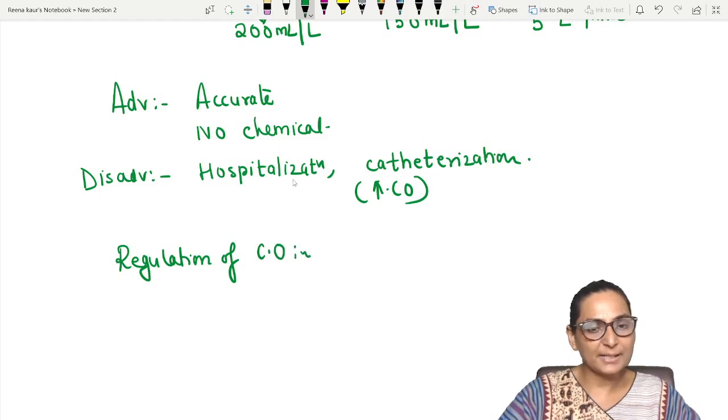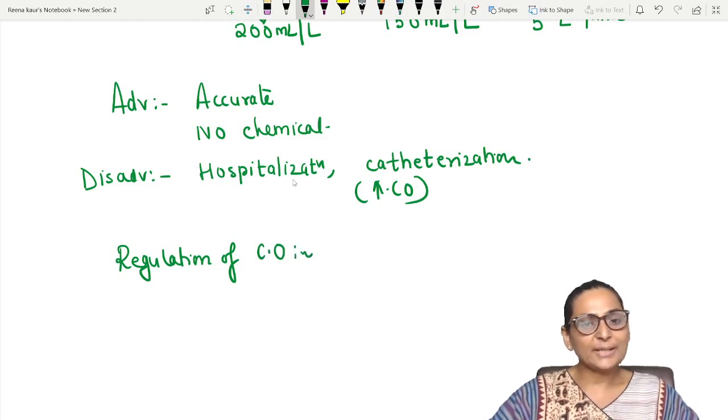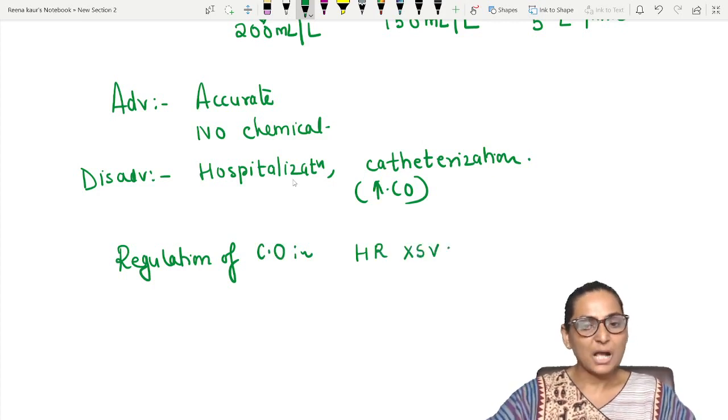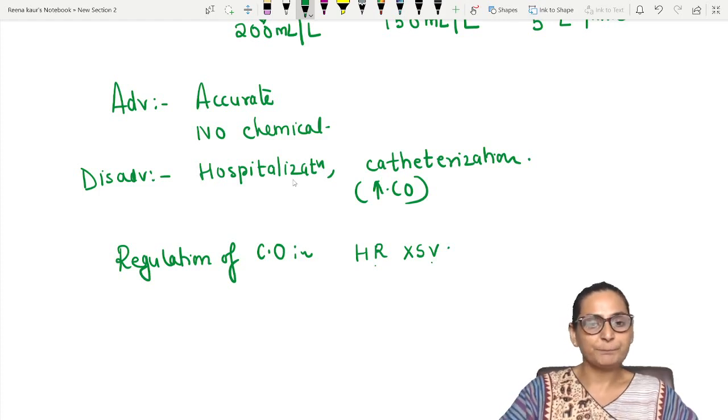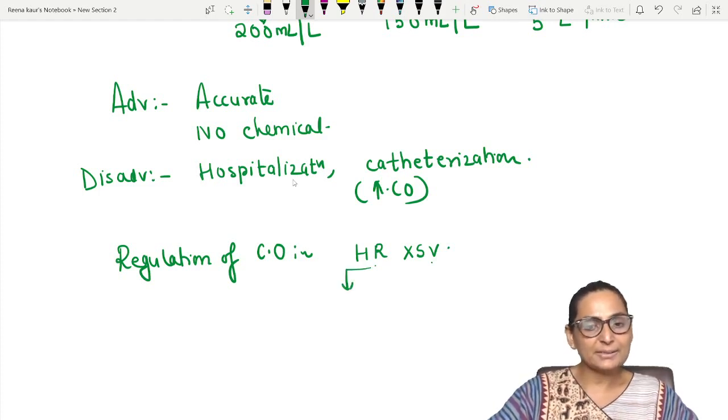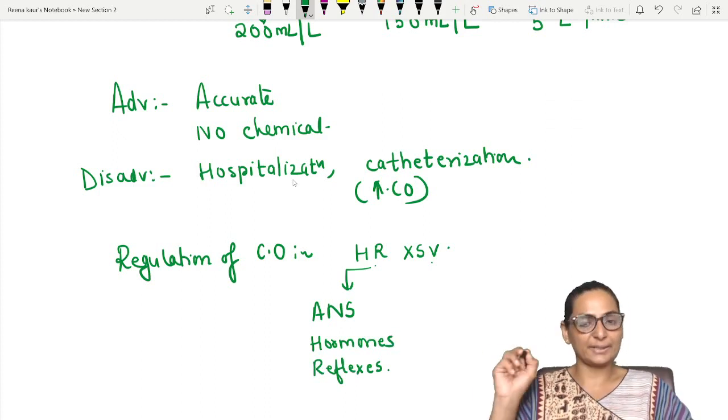Regulation of cardiac output. Now we know that cardiac output is equal to heart rate into stroke volume. Heart rate is controlled mainly by the autonomic nervous system, and there are various hormones and reflexes which can regulate your heart rate.